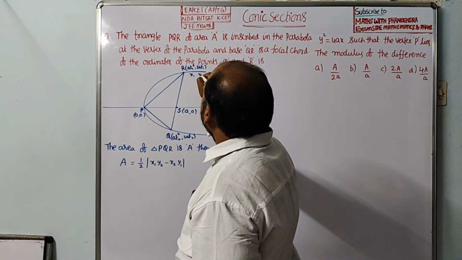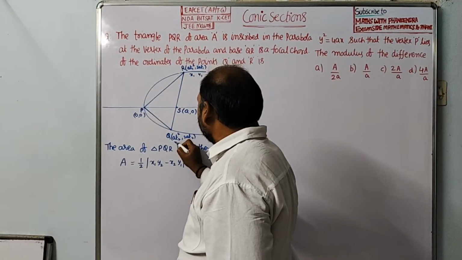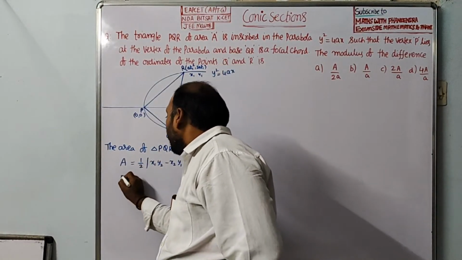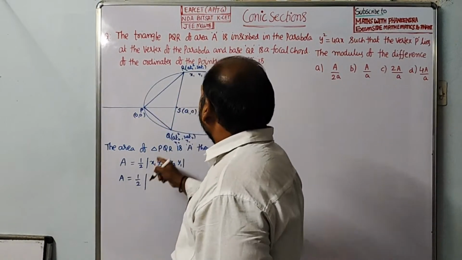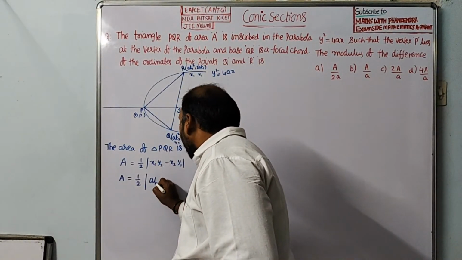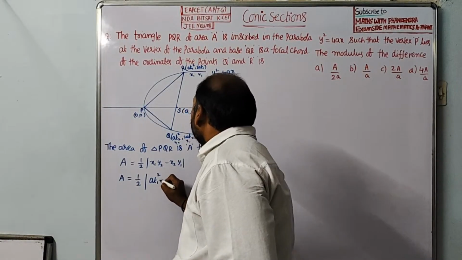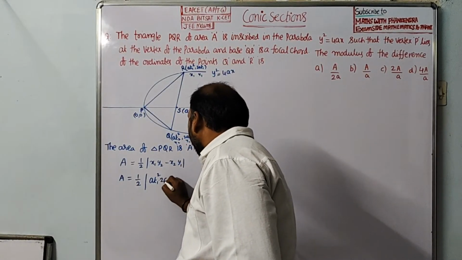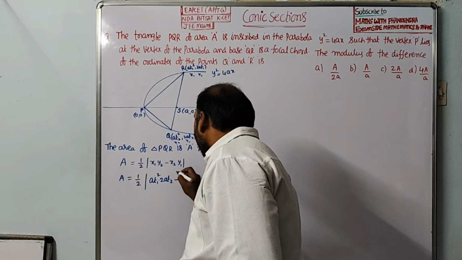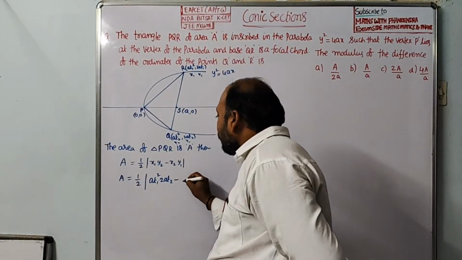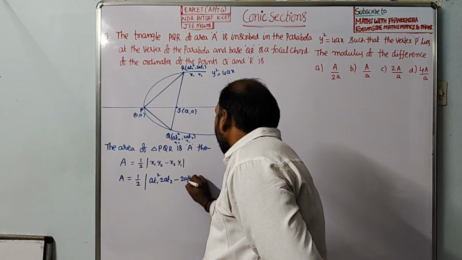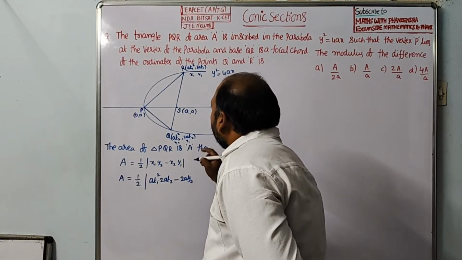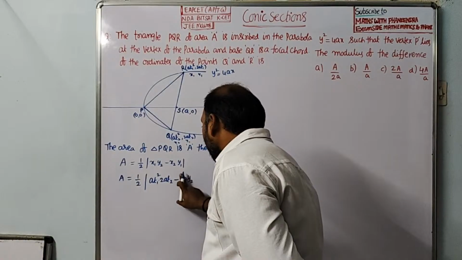This is (x1, y1), this is (x2, y2). So A equal to half into mod (x1 value at1² into y2 value 2at2, minus x2y1). x2y1 means what? x2 value at2² into 2at1. I'm very sorry.